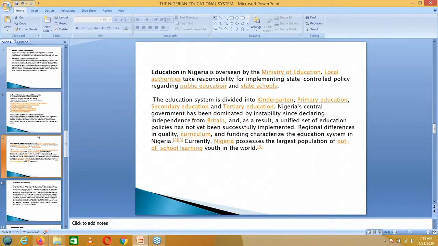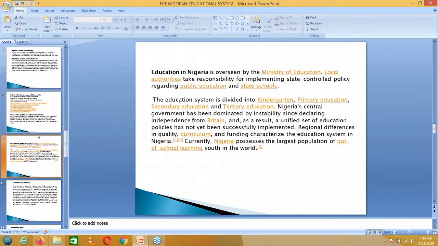There are demands to be met, things to be met before a school can be approved by the Ministry of Education. Now, the educational system of Nigeria is divided into 4: kindergarten, primary education, secondary education, and tertiary education.